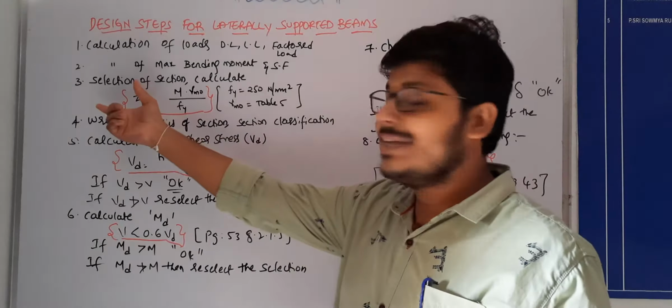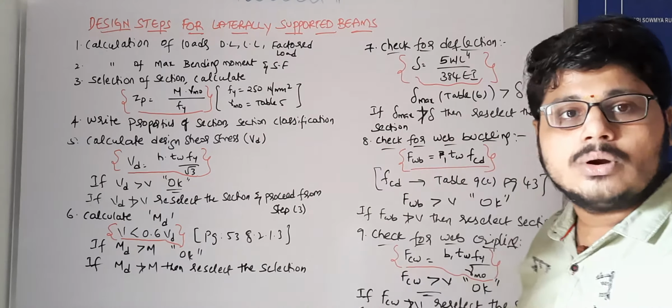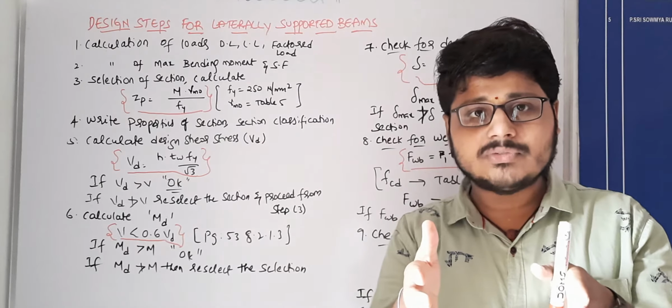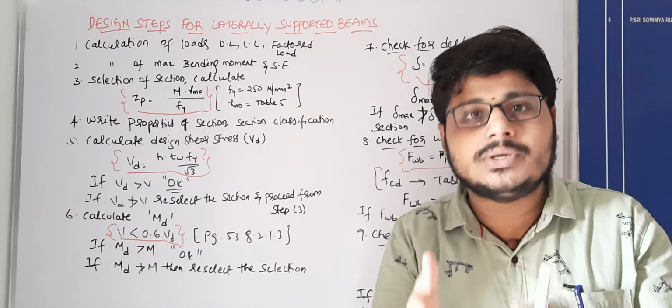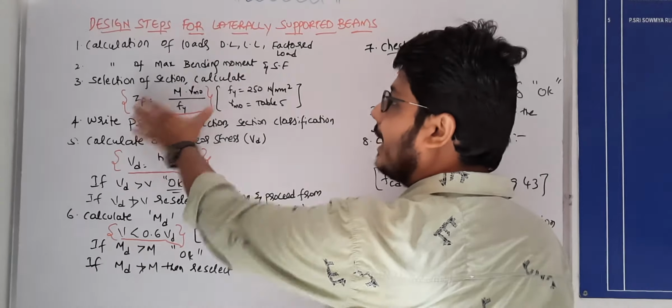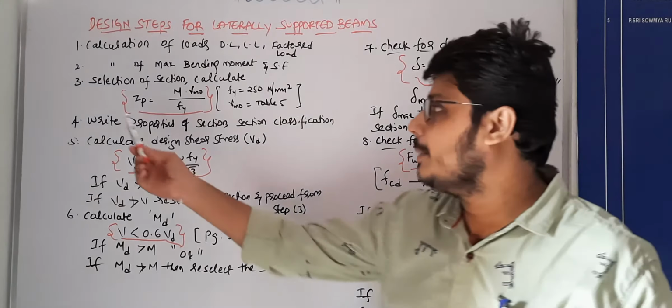Third step, selection of section. We calculate for beams such as ISWB, ISHB, ISLB. We select the section by calculating the plastic section modulus, ZP.